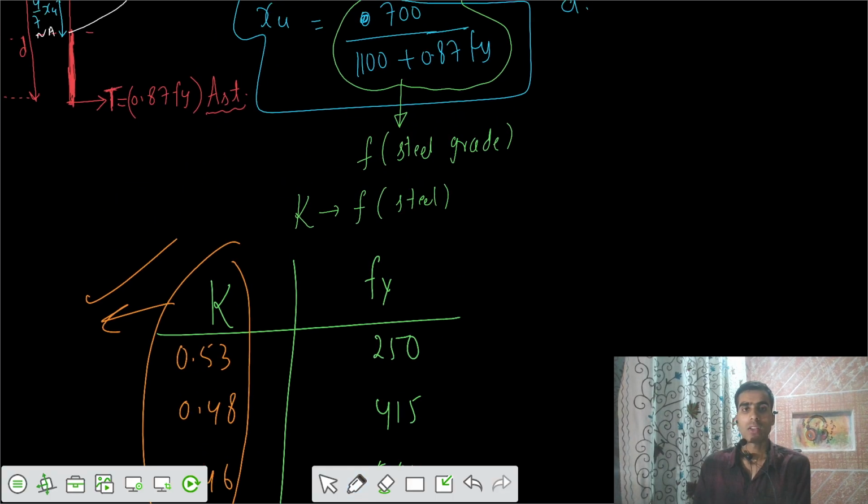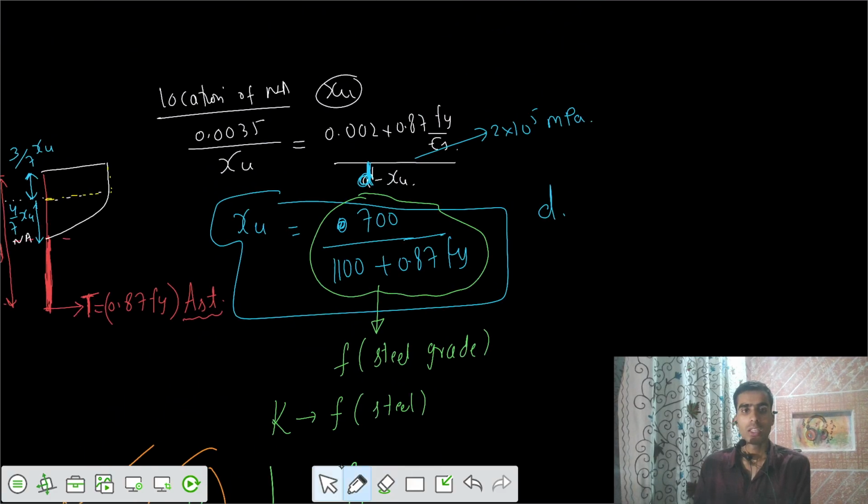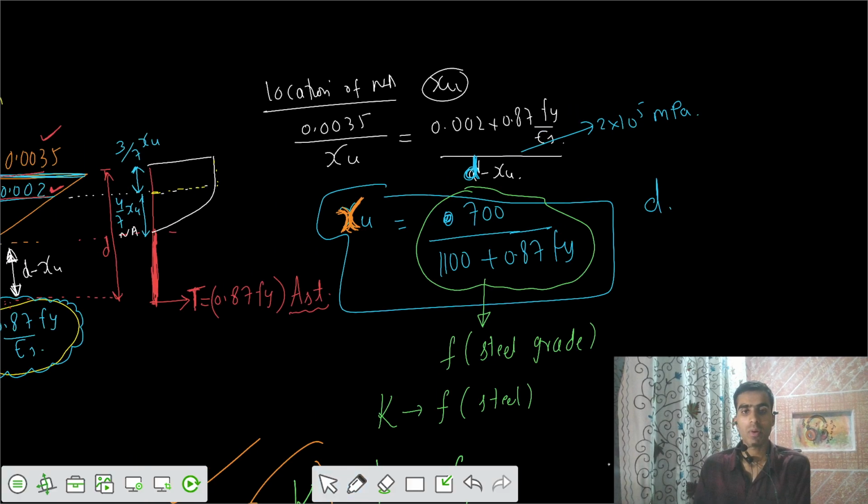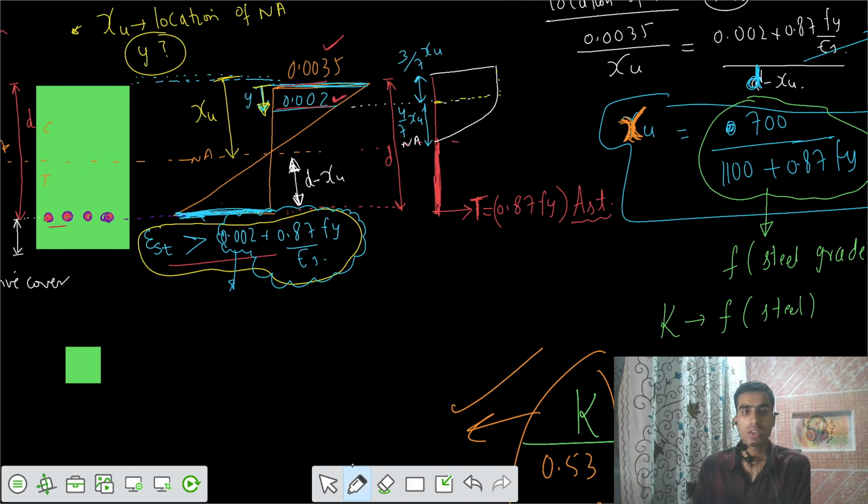And actually we said this was your value of xu. Now we say this is not actually xu, this should be some limiting condition, because we are talking about strain.